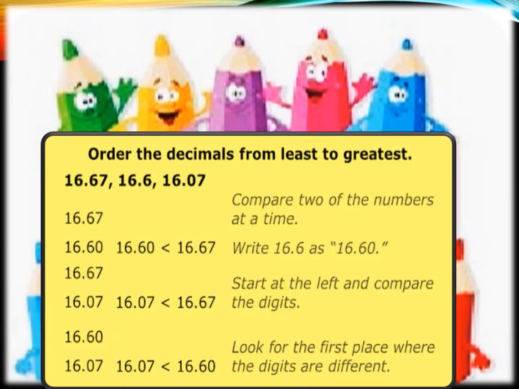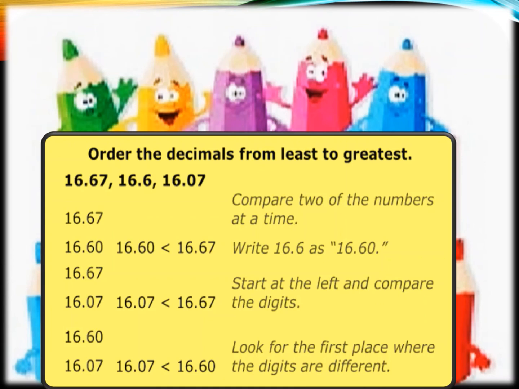We have to compare decimal numbers. Order the decimals from least to greatest. If they are unlike decimals, we have to make them like decimals first to compare. There are the numbers 16.67, 16.6, 16.07. These are unlike decimals.